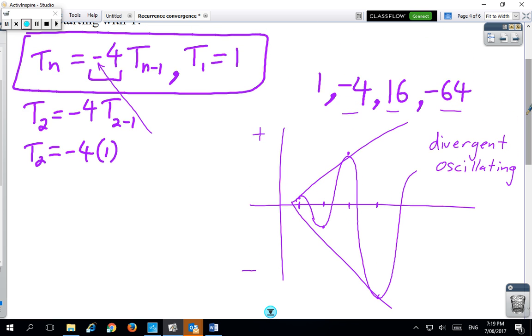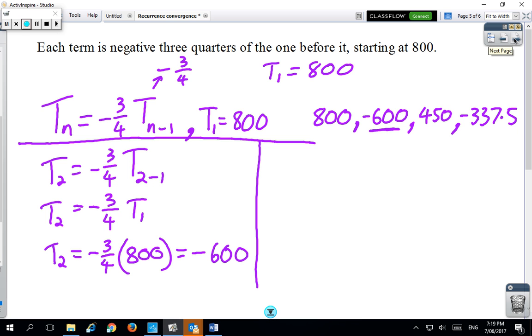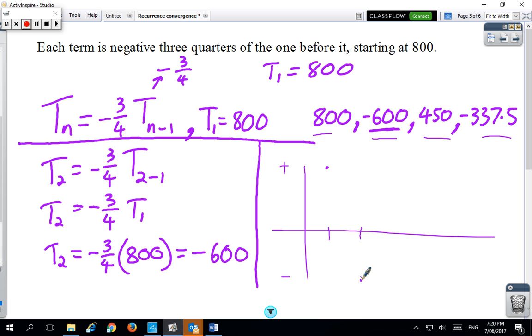Okay, so let's have a look at the next one. Here's our numbers. Let's make a quick picture again. We're going to need positives and negatives, and we'll start in positive land. The first term was a big number up at 800. The next one was a negative number, getting slightly smaller at 600. Then the next one was 450, getting smaller again.